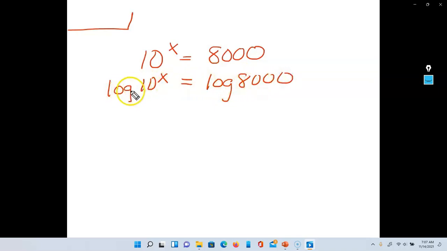Now notice this arrangement, because our base here is 10, log base 10 of 10, taking our exponent, moving it out in front, this just becomes a 1. So this side's just going to become an x equals the log of 8,000.